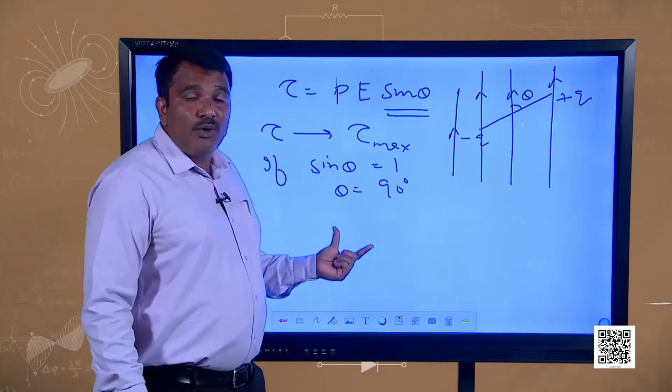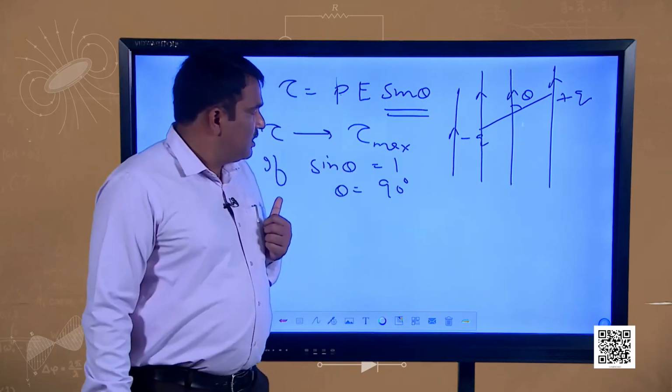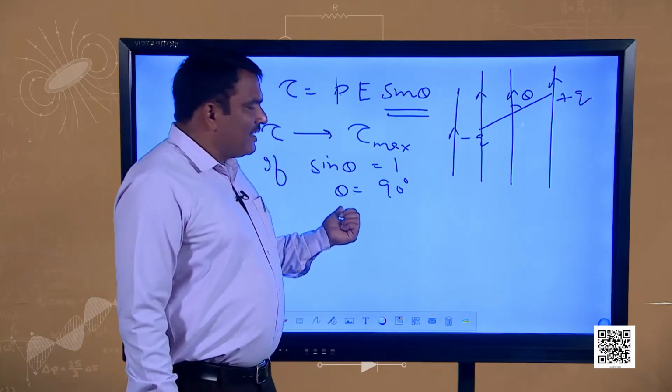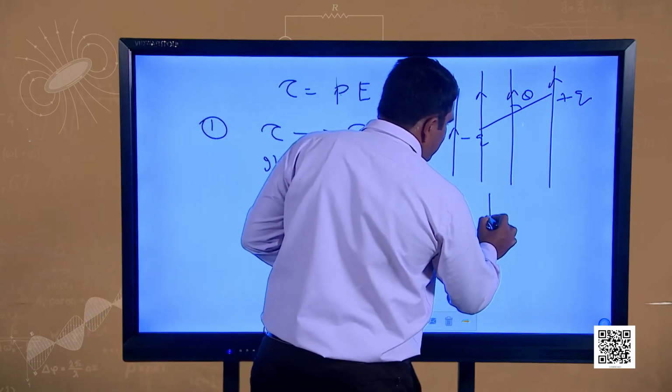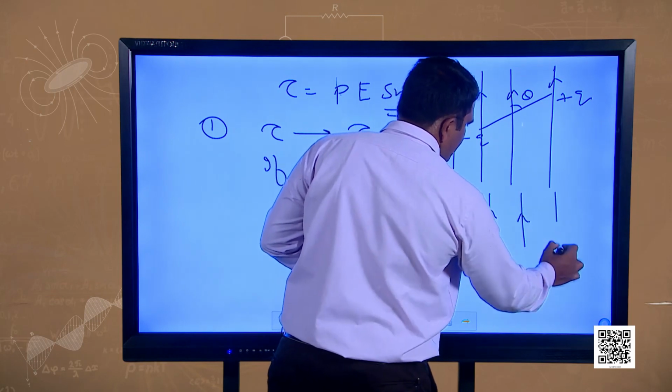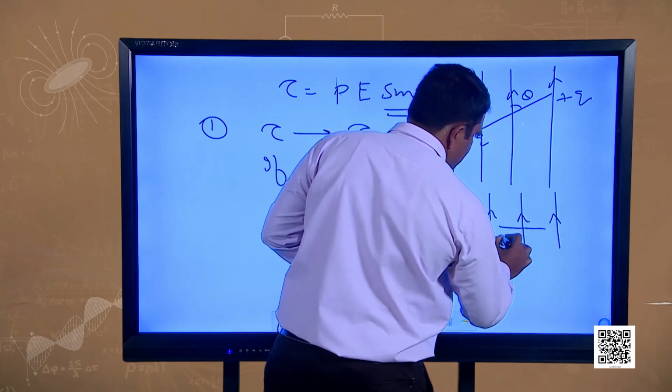Hence, the dipole will experience a maximum torque when it is placed perpendicular to electric field. So, you can show it diagrammatically like this.